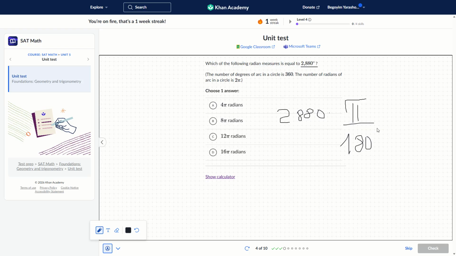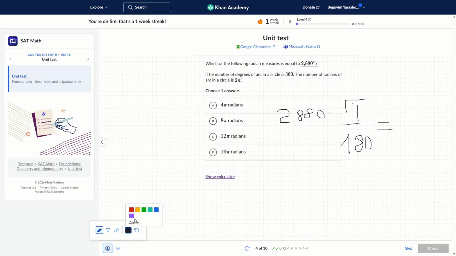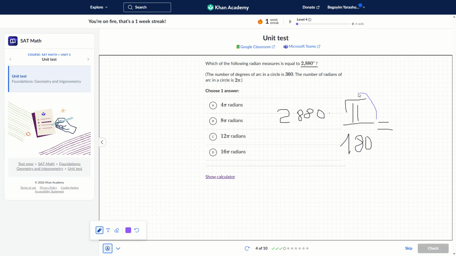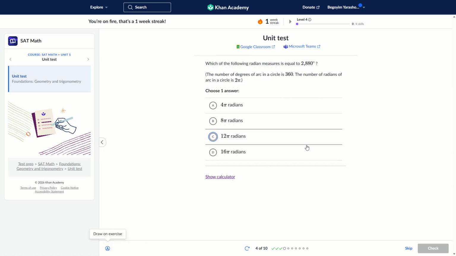Pi is 180 degrees, so this expression equals 1. That is why we are doing it like this. If we divide both sides by 180, we get 16 pi. The answer would be D. Okay, next.